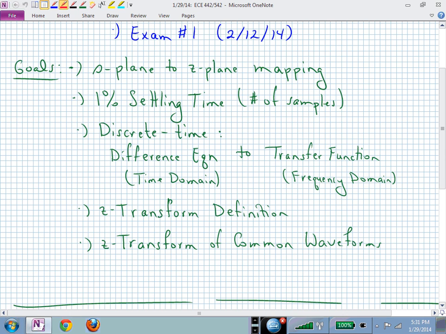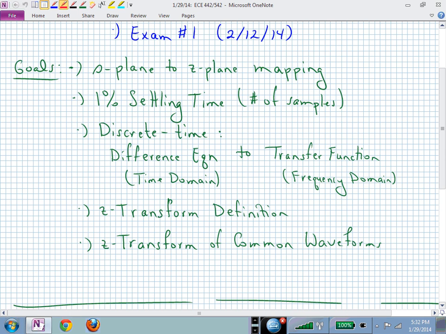Today what I want to do is continue where we left off last time. We'll talk about S-plane to Z-plane mapping, and try to get a feel for where poles in the S-plane match to corresponding locations in the Z-plane. If I'm looking for a stable system, where am I looking in the Z-plane for my poles of a transfer function?